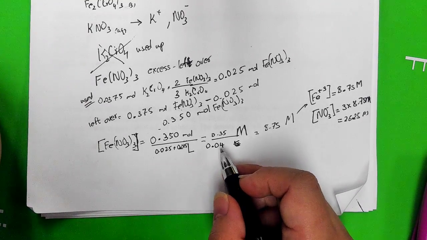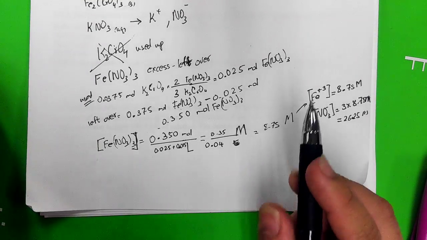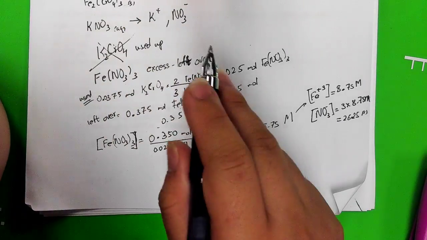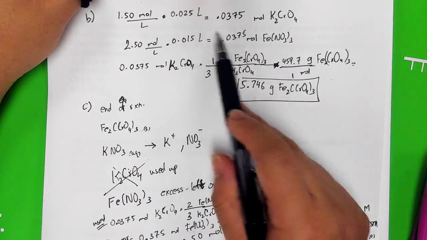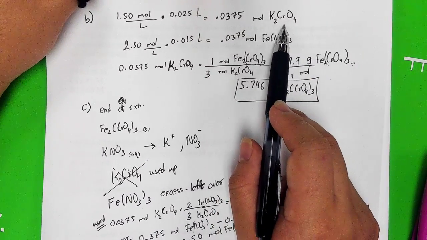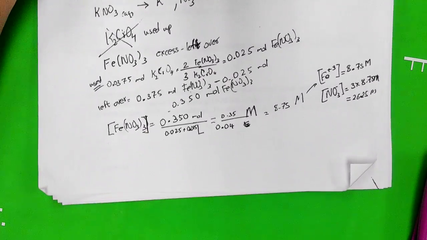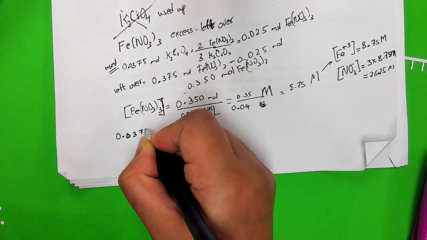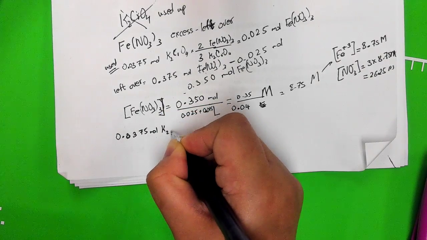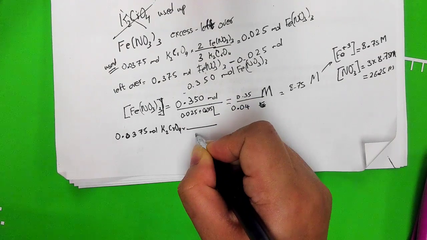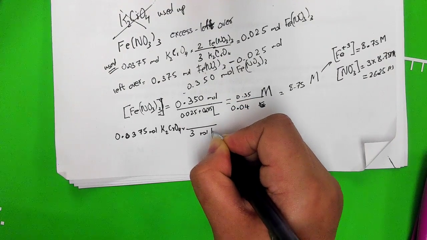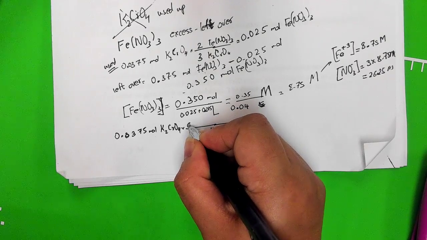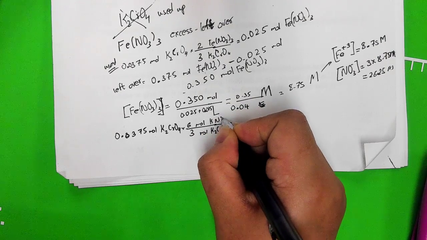You're going to do the same thing with the other one, how much KNO3 is being made, okay? Which again, you can use this top number to figure out, because K2CrO4 is the limiting reagent. So I'll go there. 0.0375 mole K2CrO4 times, K2CrO4 is 3 mole, followed on the top by 6 mole of KNO3.